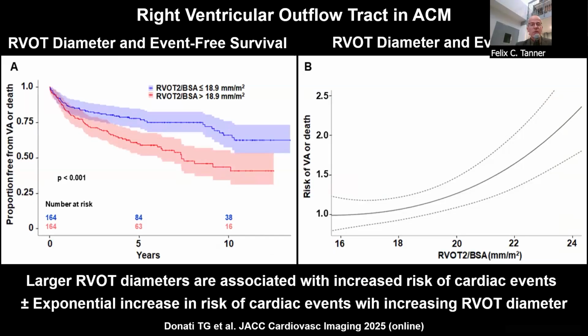And the RVOT diameter is definitely associated with survival. When you use the cutoffs published in the task force criteria, you can nicely separate between those with and without events. And what you see here is that this association with events is not linear, it's rather exponential.